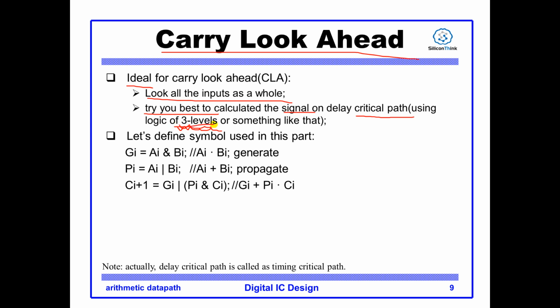Do you think this is impossible? No matter how many inputs you have, or how complex your logic function is, we just use 3 levels of logic. We can do the function. Do you think this is impossible?